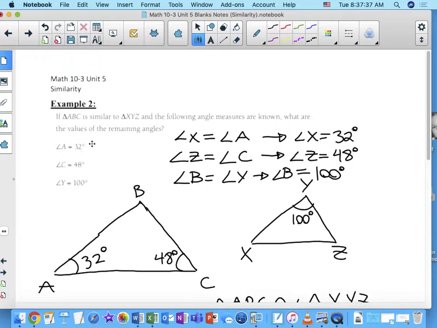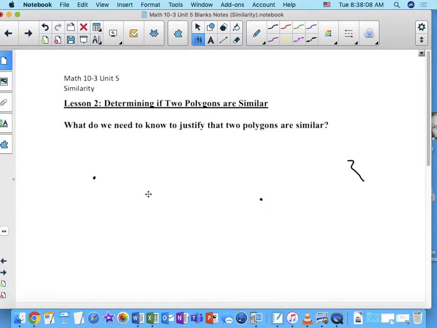So if angle A equals 32 degrees, then the first letter in the similar triangle, angle X, also has to be 32 degrees because of the way that the triangles are named. Okay, so that's just a little brief summary of what we did yesterday. And basically, if we're told that two shapes are similar to one another, then we have all sorts of information about the two shapes, or we can figure out certain information about the two shapes.